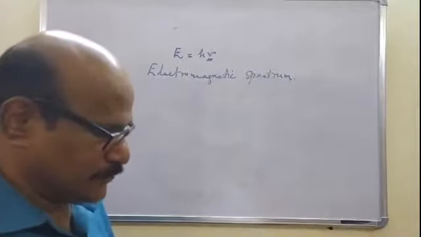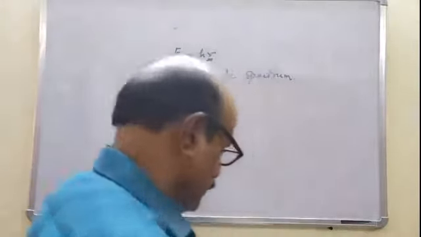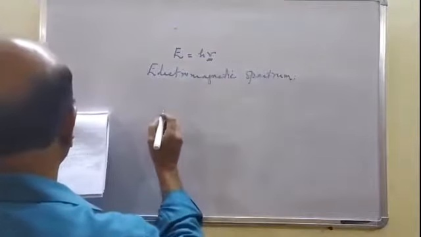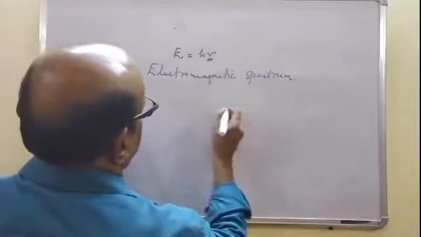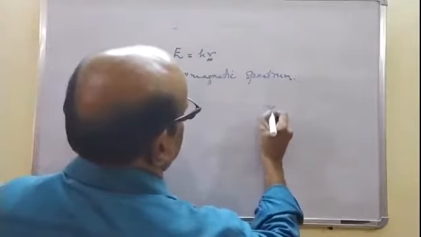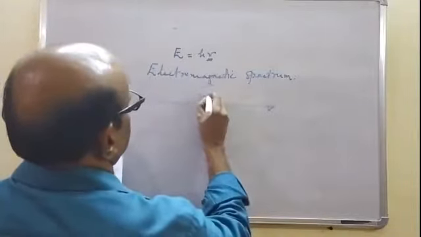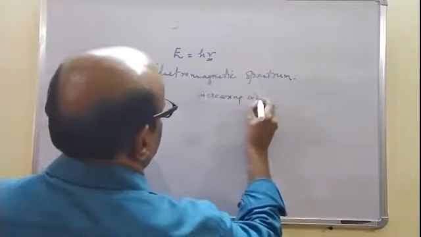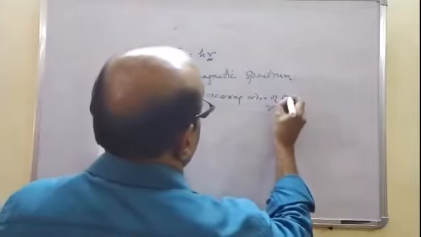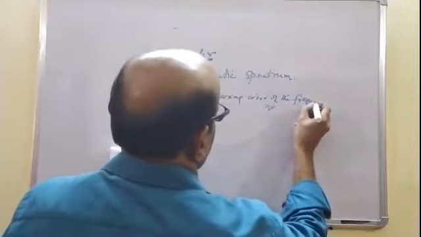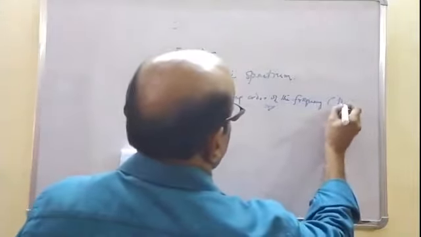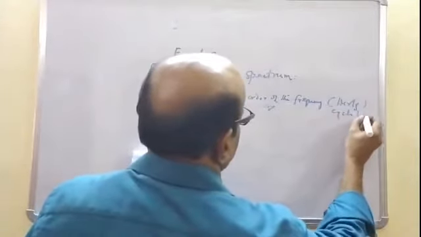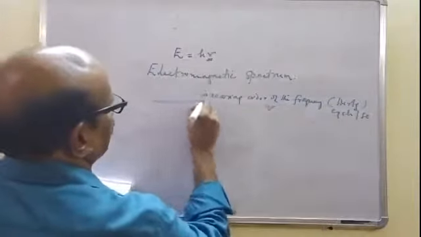Suppose the increasing order of frequency or the decreasing order of wavelength can be represented like this. I am going to represent the spectral region: increasing order of the frequency in hertz, usually cycles per second, or decreasing order of their wavelength.